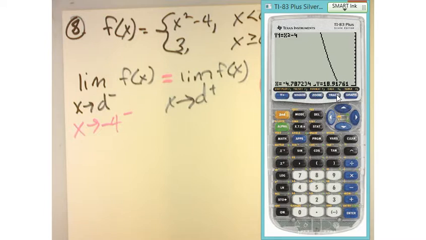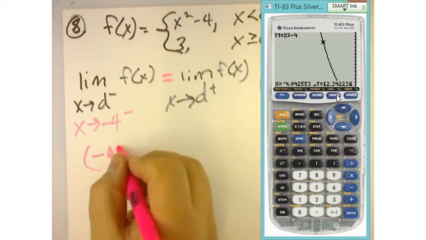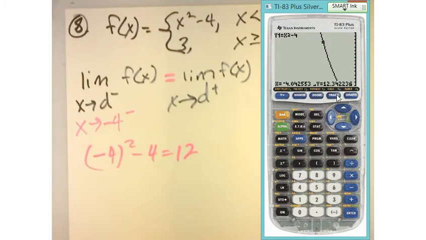As I come in closer and closer, as x approaches negative 4, what is the corresponding y value? 12. It's approaching 12. Algebraically, if I just plug it in, negative 4 squared minus 4, we know that's 12. I've already proven it algebraically, but I want you to see it graphically.